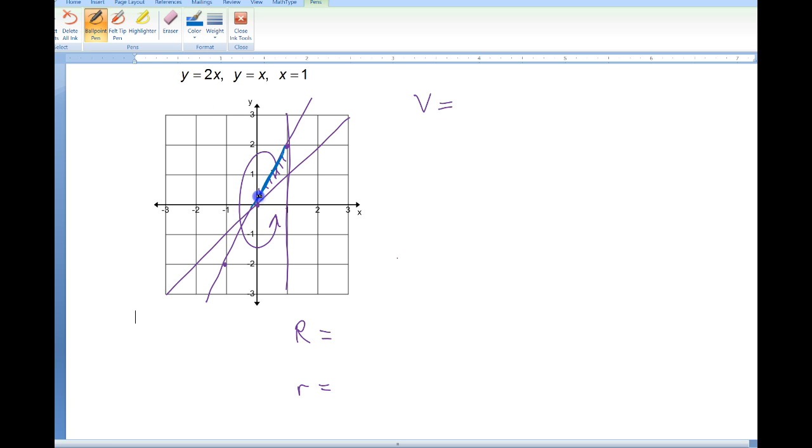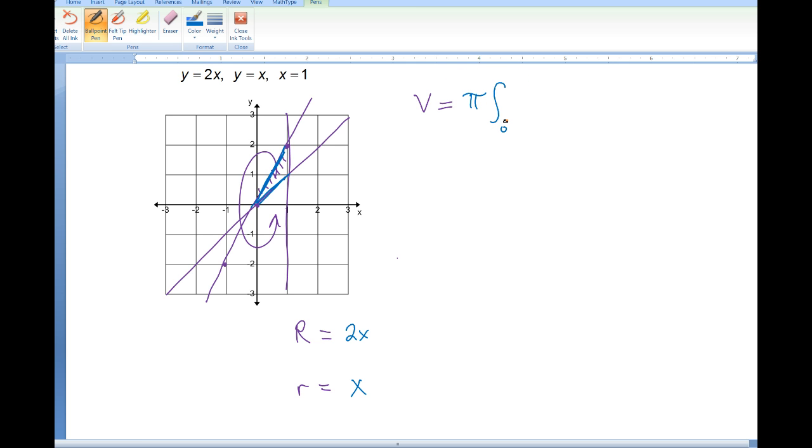Right here, 2x. Now what's the inside part? That's just y equals x. The x equals 1 is not actually part of the solid, it's the bound. Where do they intersect? They intersect at 0, so that's going to be my lower bound.